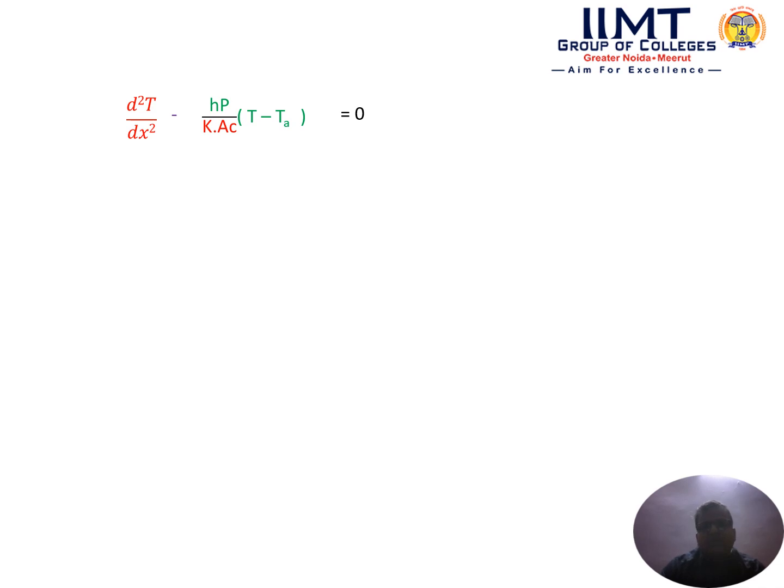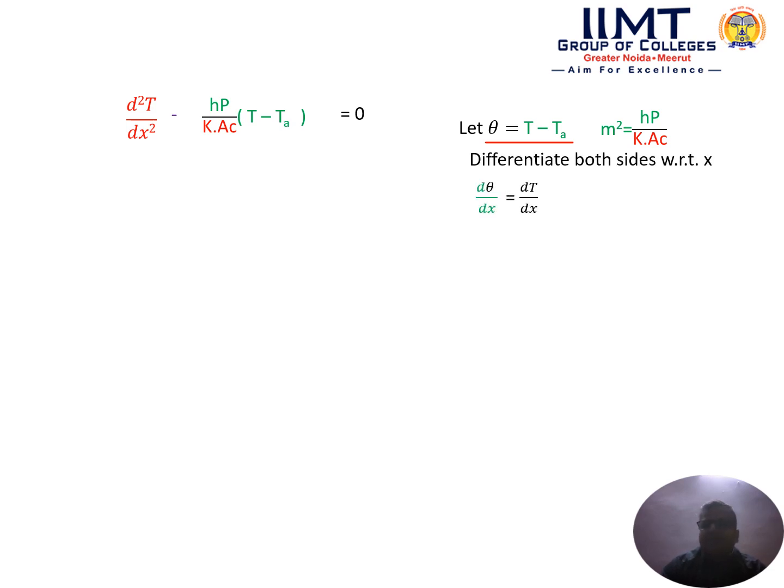Let us assume T minus Ta, the temperature difference, is equal to theta, and hP upon kAc is equal to m square. So m square is equal to hP upon kAc. Then dT by dx is equal to d theta by dx, because Ta is constant and theta is a function of T. Similarly, d square theta upon dx square is equal to d square T upon dx square.